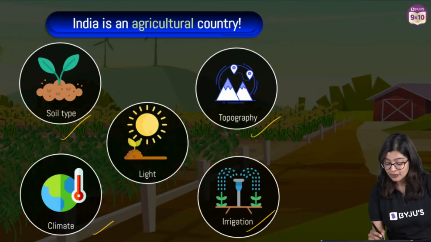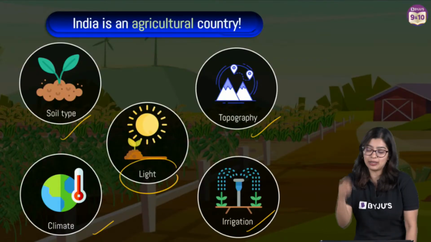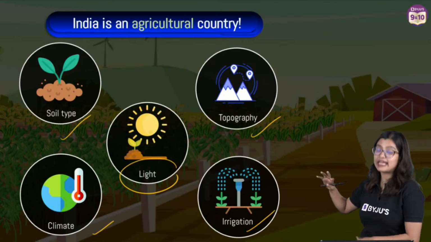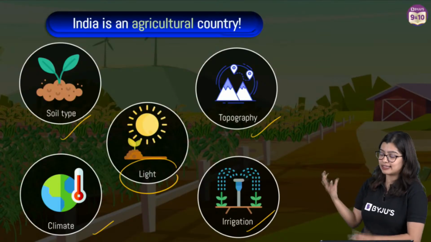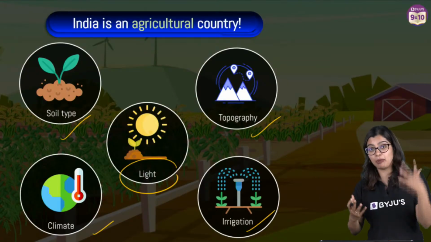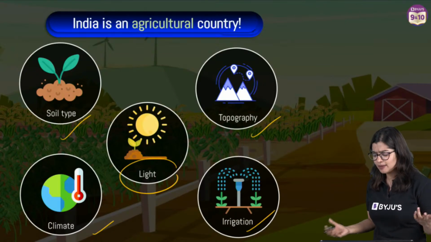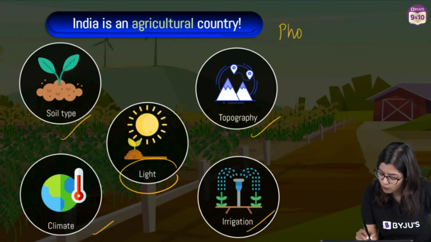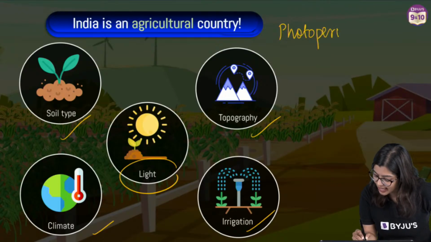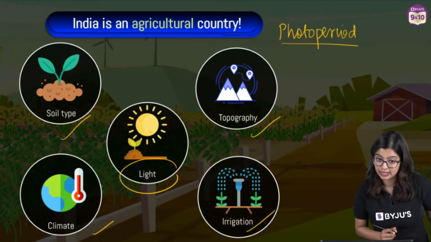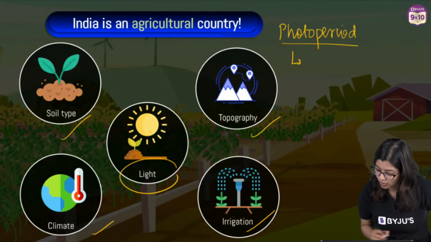Along with this, light is a very important factor, because different plants, in order to grow, require different amounts of sunlight. And we call that the photo period. This is a very important term that is mentioned in your textbook. What is photo period?